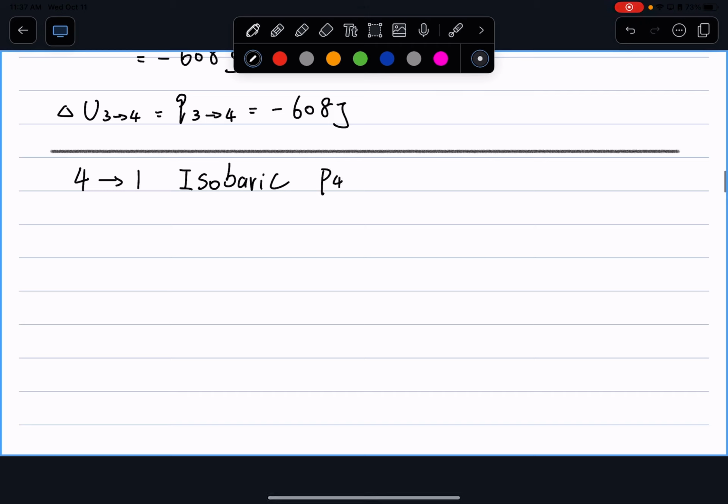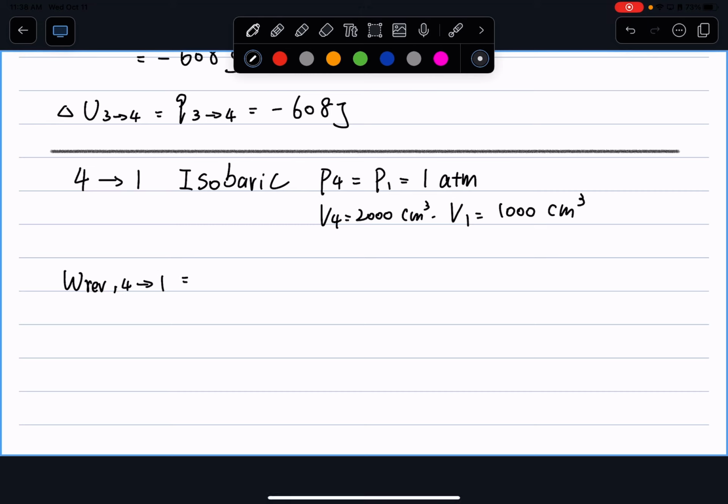You have P4 equals P1 equals 1 atm, V4 equals 2,000, V1 equals 1,000. And we can do the calculation of W reversible 4 to 1 between V4 and V1. Again, whatever is on the top of your integral, that's your final state. On the bottom, that's your initial state.